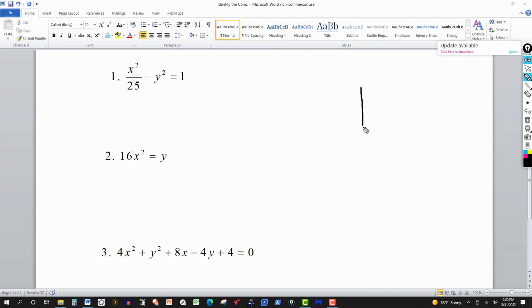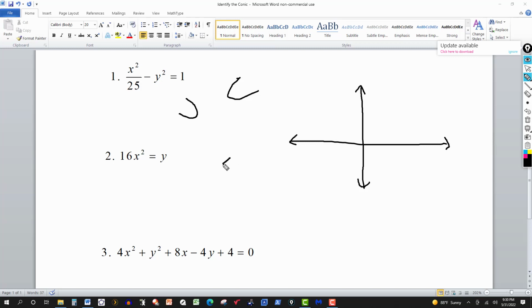But I do want to point out to you that there are other types of conics. They're not your standard conics. So far we've dealt with standard conics. But there are some parabolas that open this way, or open this way.